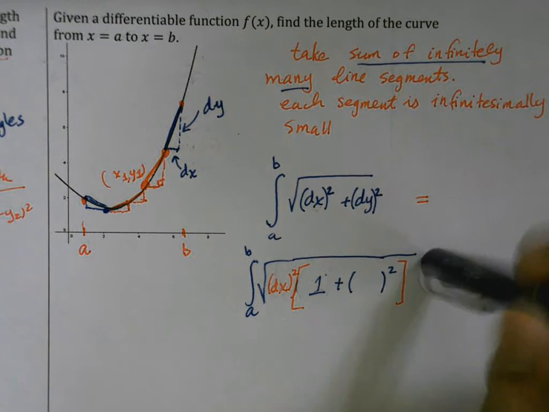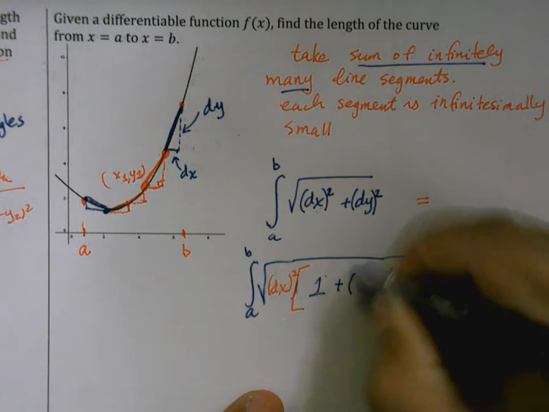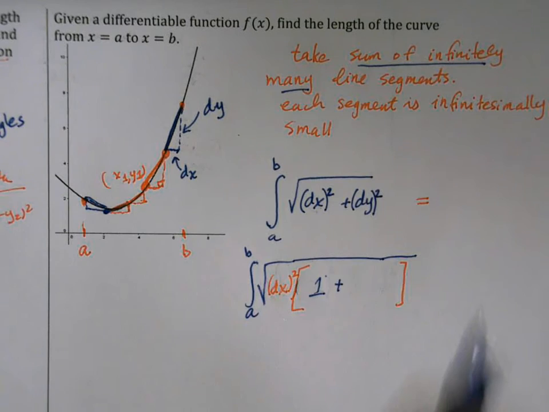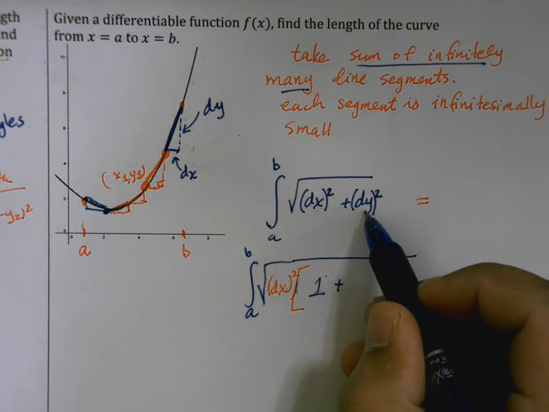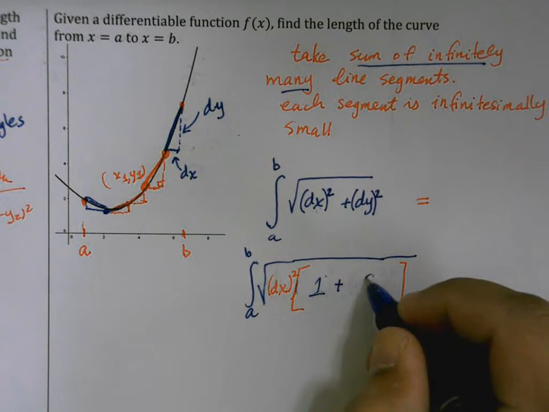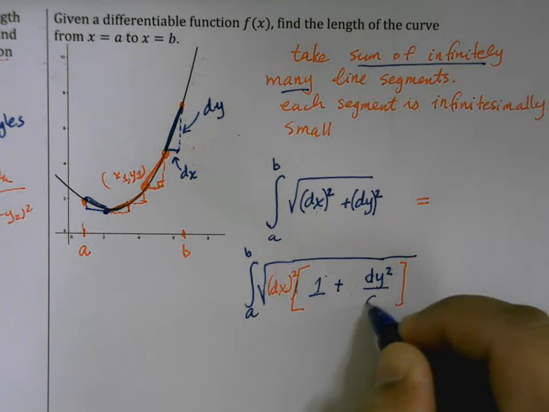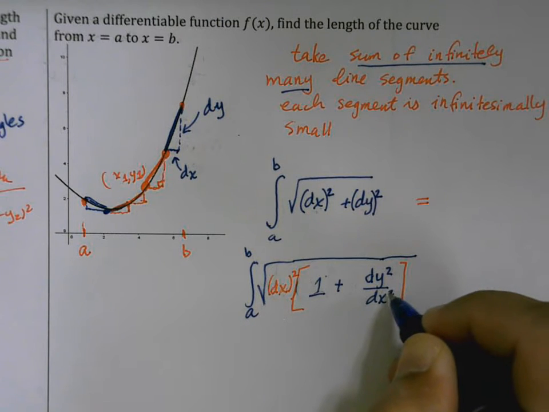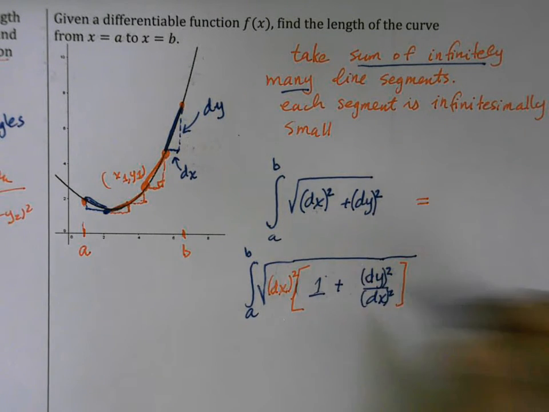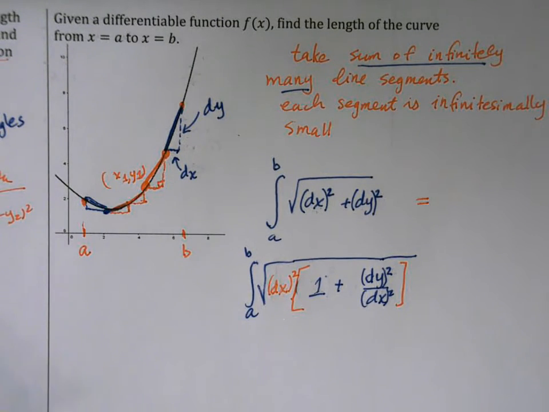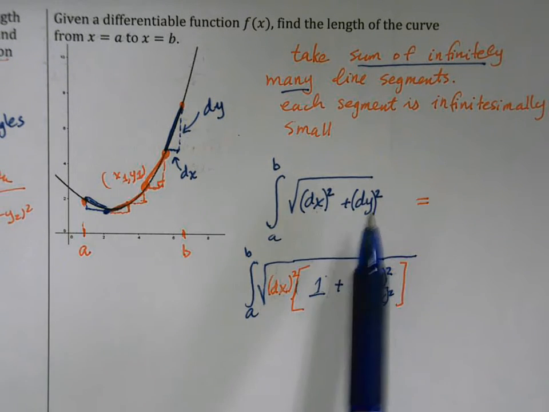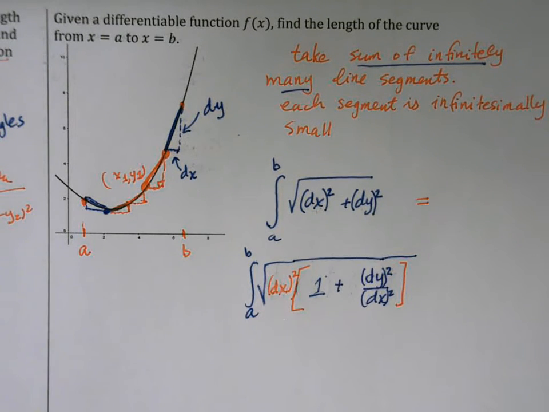And then what I have in here, once I take a dx squared out of here, is dy squared over dx squared, because I pulled a dx squared out of there.